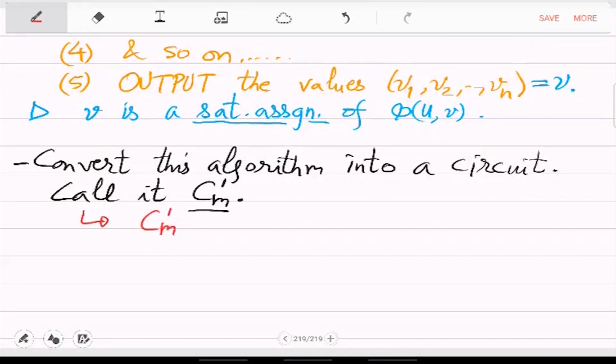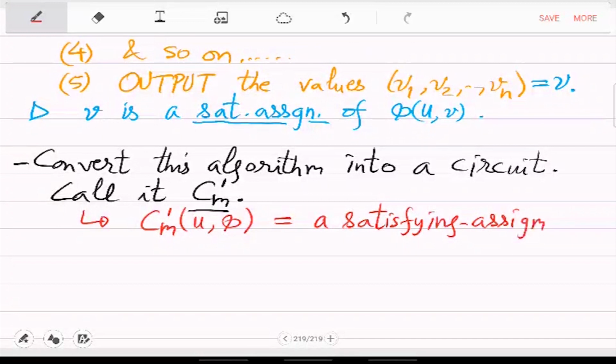So C_m prime, when given u comma phi, is equal to a satisfying assignment V of phi(u, V).